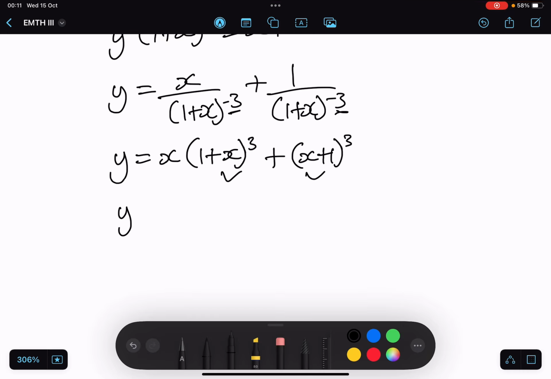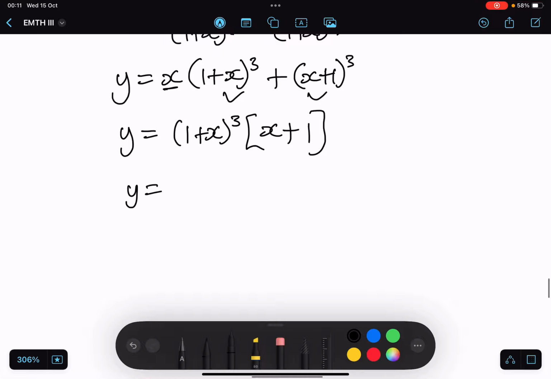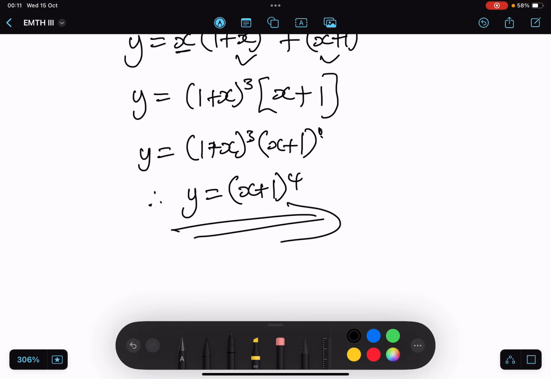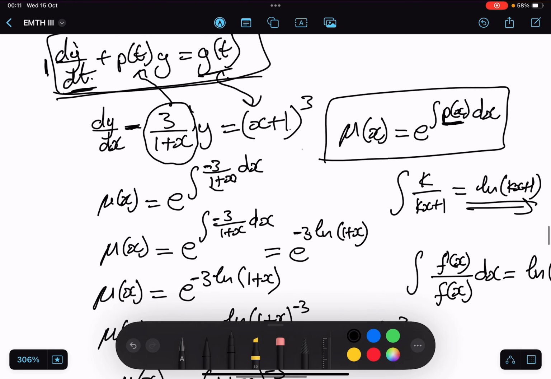If you factor out (1 plus x) cubed, you are left with x plus 1. So y equals (1 plus x) cubed times (x plus 1), and finally y equals (x plus 1) to the power 4, because this is to the power 1, so 3 plus 1 is 4.